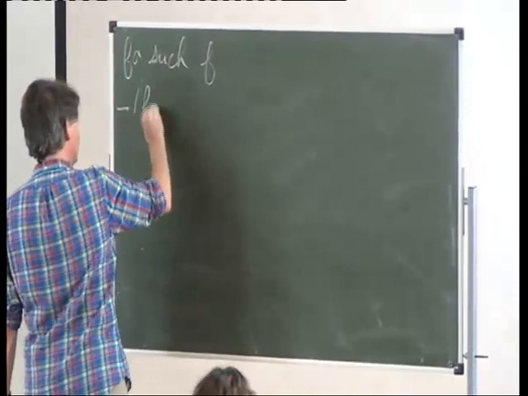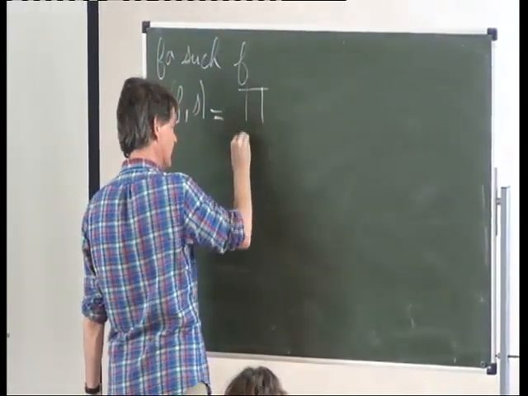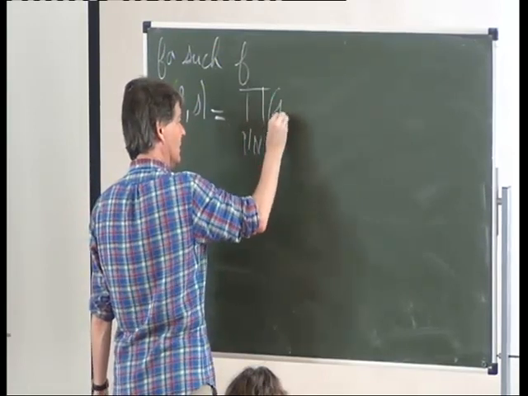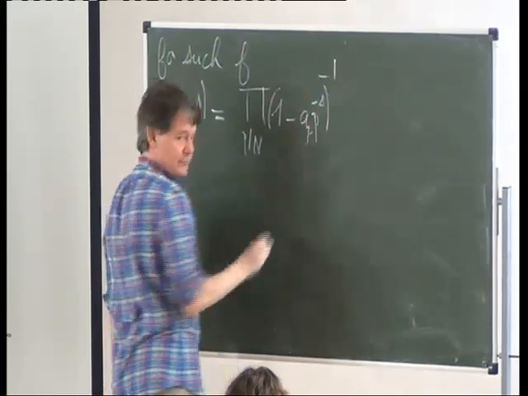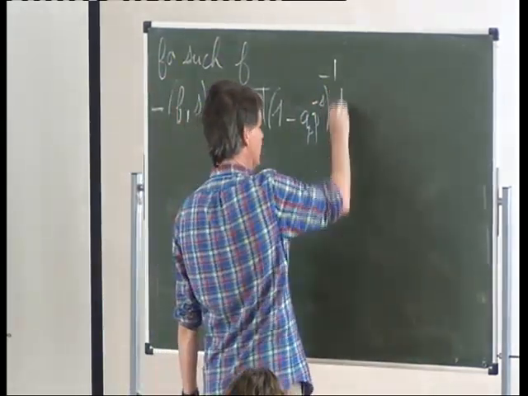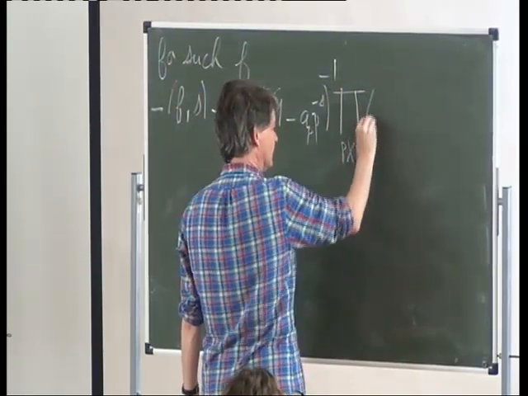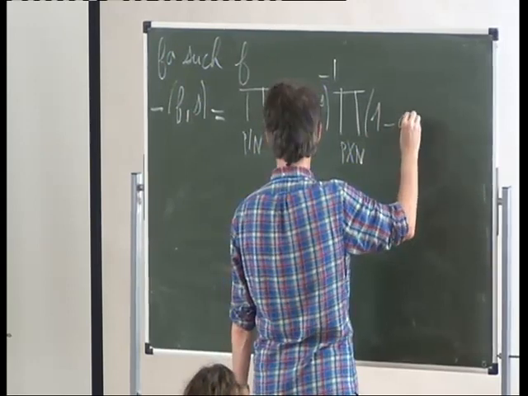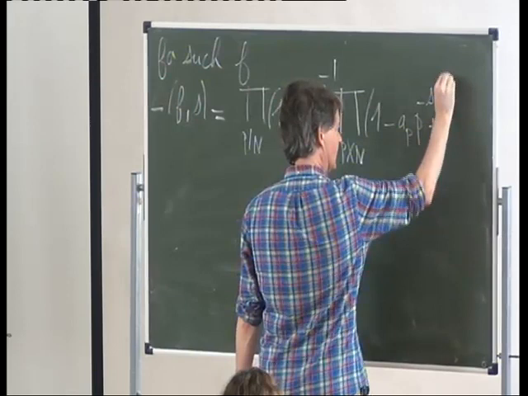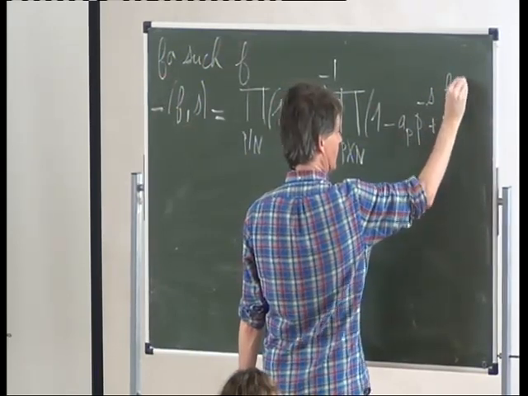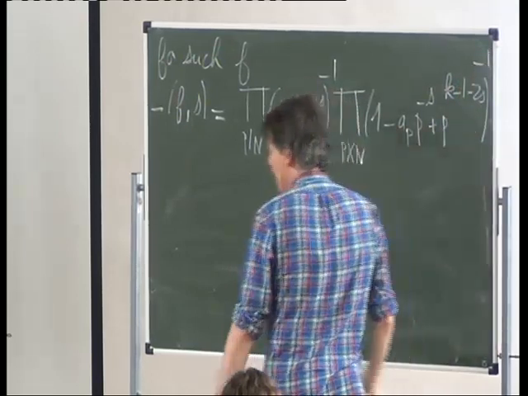It is the product for p dividing n of (1 minus a_p p^{-s})^{-1}, and the product for p not dividing n of (1 minus a_p p^{-s} plus p^{k-1-2s})^{-1}.